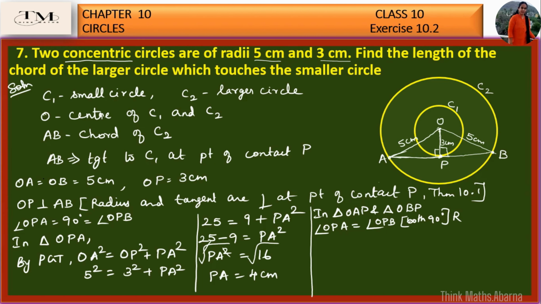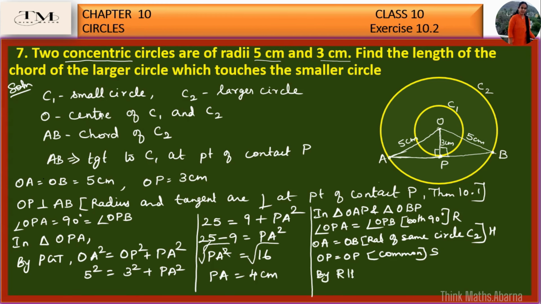OA is the radius and OB is the radius of the same circle, the larger circle C2, so OA equals OB. Next, OP is common for both, so OP equals OP. So we have a right angle, equal hypotenuse and an equal side. By the right angle hypotenuse side criteria, triangle OPA is congruent to triangle OPB.